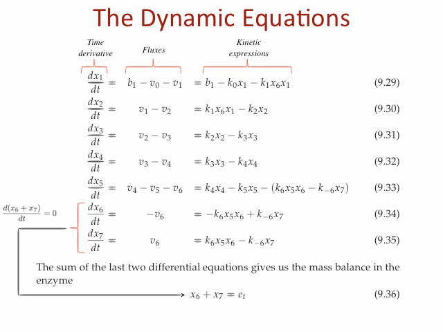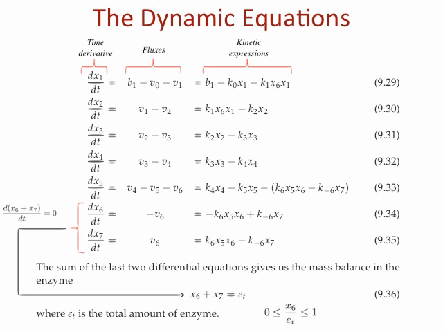And if you sum these equations up, you will get the time derivative of the sum of X6 and X7 to be 0. That's of course a statement of the fact that the total enzyme concentration is a constant. The enzyme is either found in the active or the inactive form. And very often we are interested in the fraction of the enzyme that's in the active form.